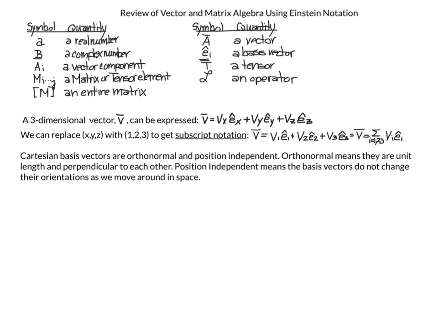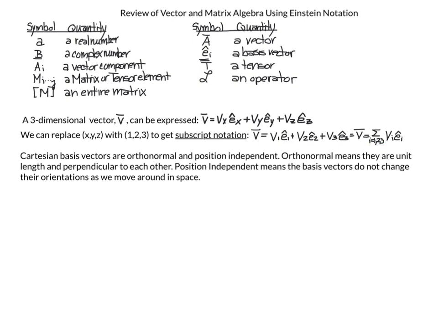If we replace x, y, and z with 1, 2, 3, we get this subscript notation: our vector v equals v1 e1 plus v2 e2 plus v3 e3. Written in summation notation, we put the sum from i equals 1 to 3 of v sub i, e sub i.